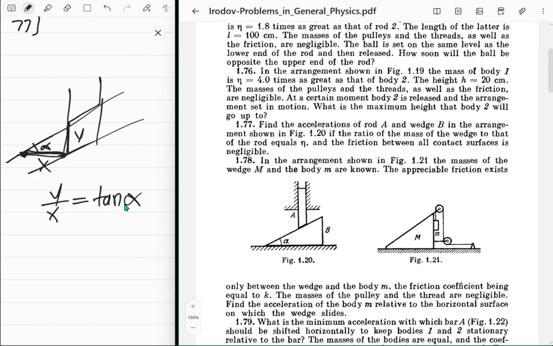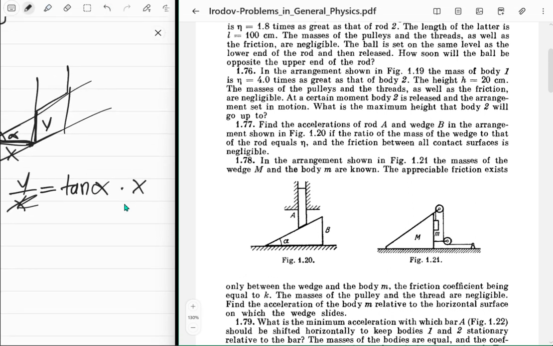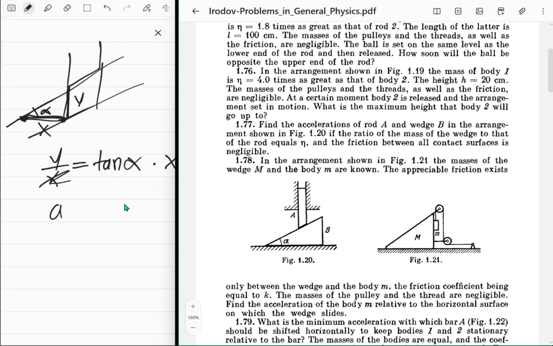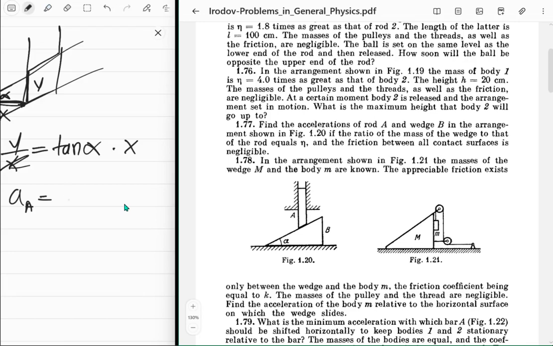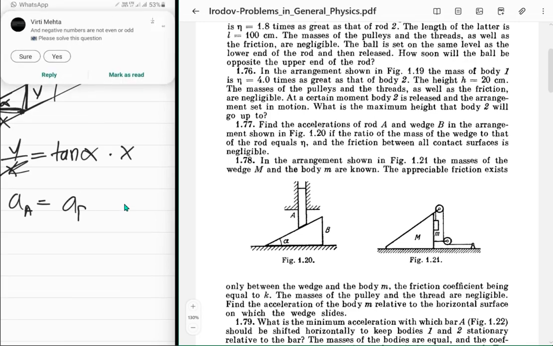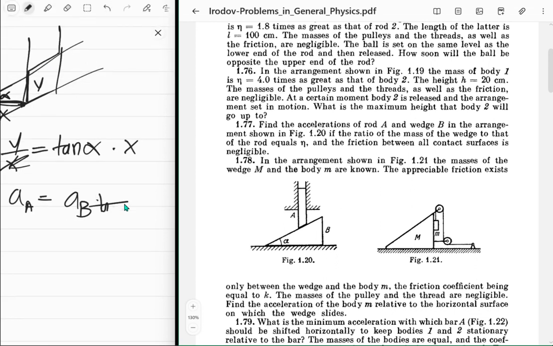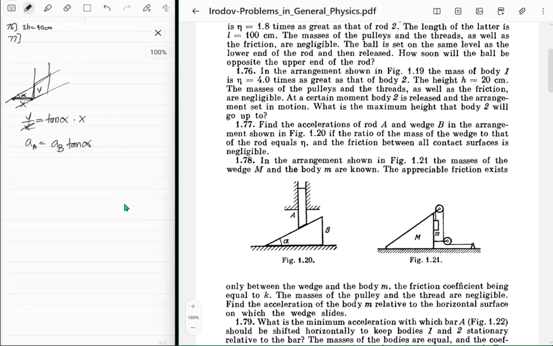Differentiate it twice with respect to time, and you get acceleration of A is equal to acceleration of B times tan alpha. Cool, so you got that at least. Perfect. Now what?